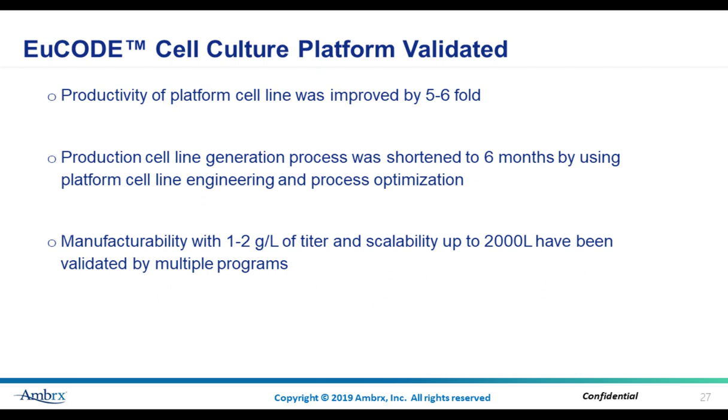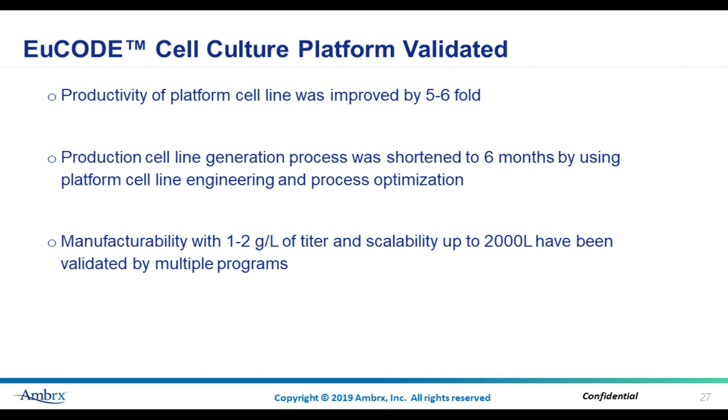In summary, the EuCODE Cell Culture Platform has been developed and validated by multiple programs. The productivity of a platform cell line was improved by 4 to about 5 to 6-fold.